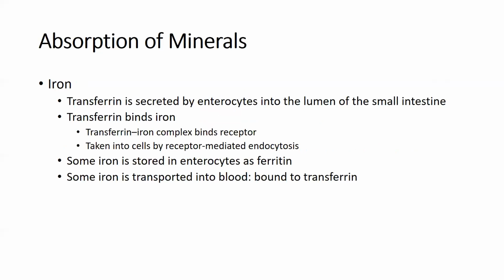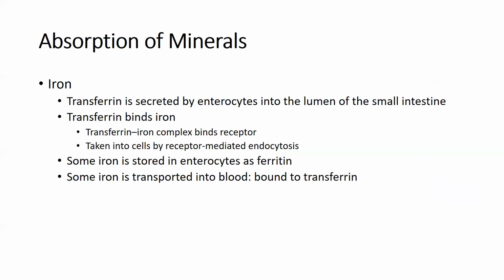Iron is sort of a special case. Iron has to be bound to transferrin to be absorbed, and it's done so by enterocytes as it moves in the intestines. Transferrin binds onto this iron, and this transferrin-iron complex together binds to a receptor on the cell.